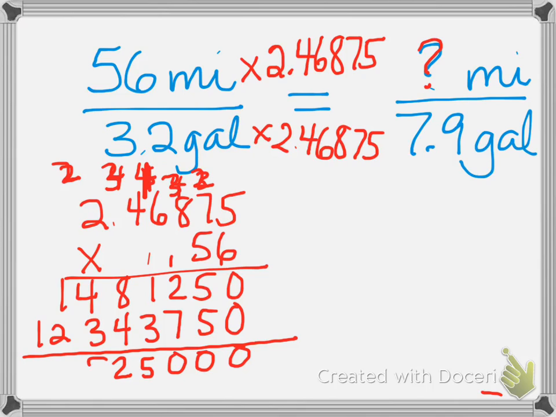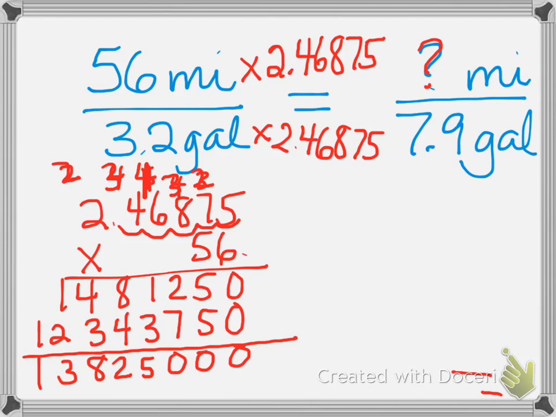Twelve, 8, 3, 1. And remember, when you're multiplying, you have to count the number of decimal places that you have. So I have 5 there, and I'm multiplying by 56, which has no decimal places because the decimal is at the end of the number.